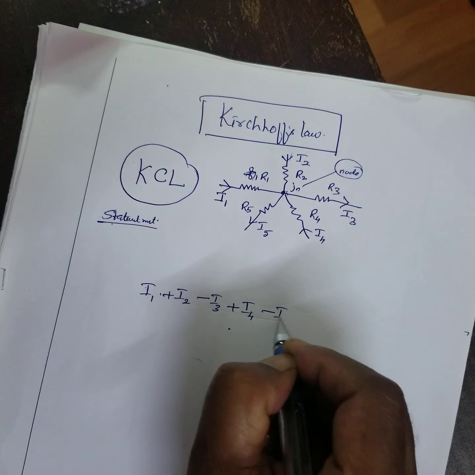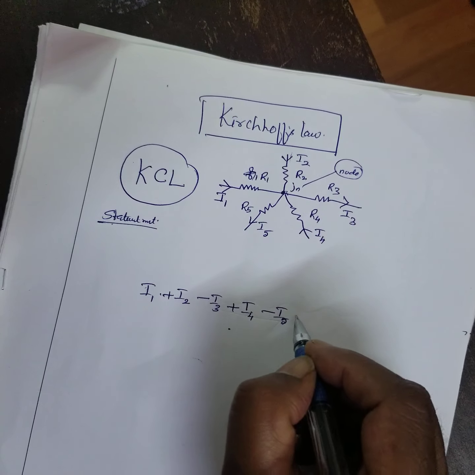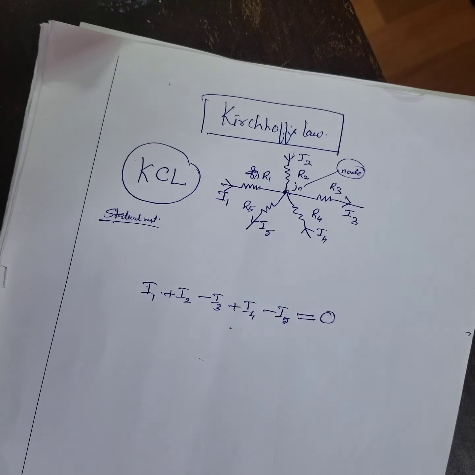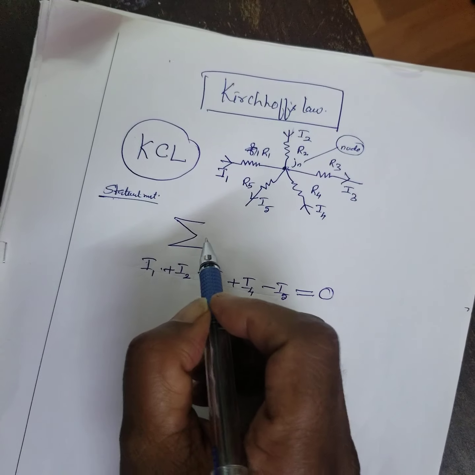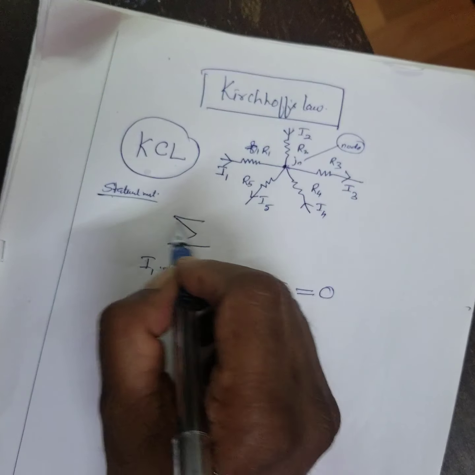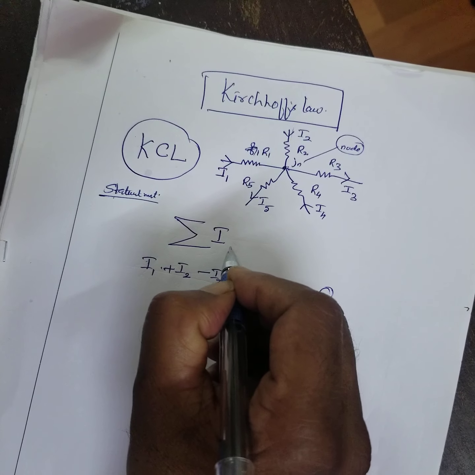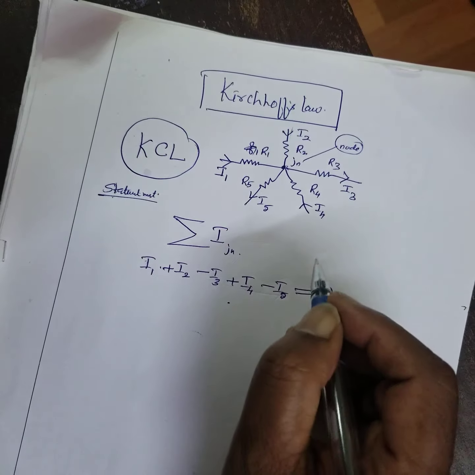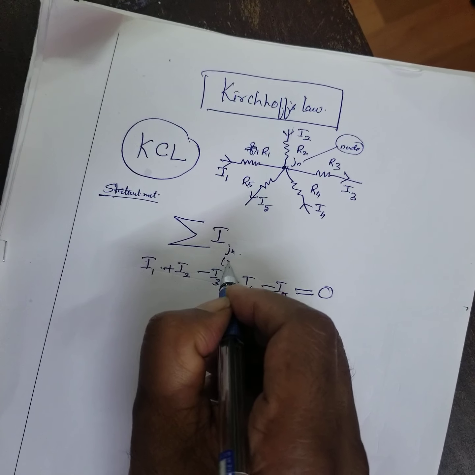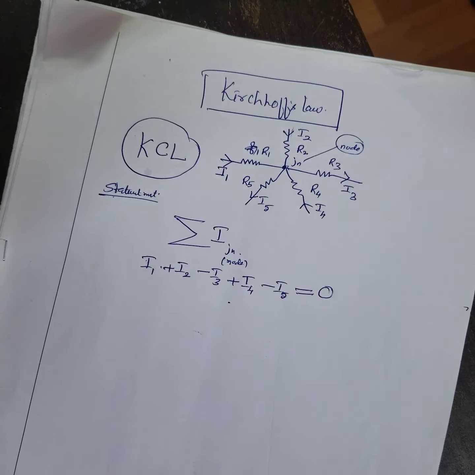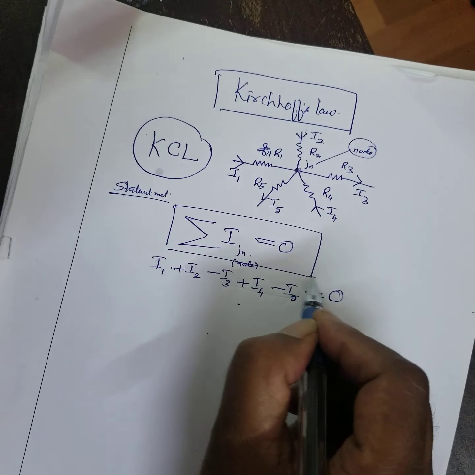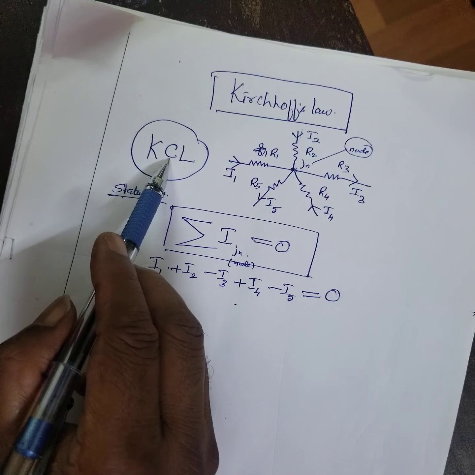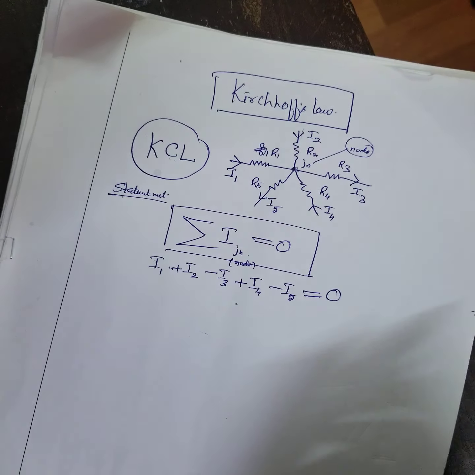Positive, negative for leaving the junction. This is equal to 0. In other words, the algebraic sum of current at the junction or node is equal to 0. This is the first law, or current law, Kirchhoff current law or first law.